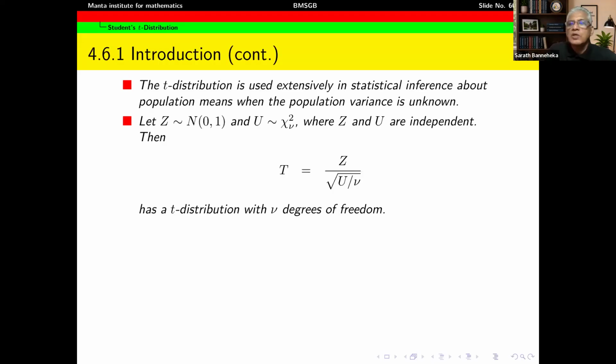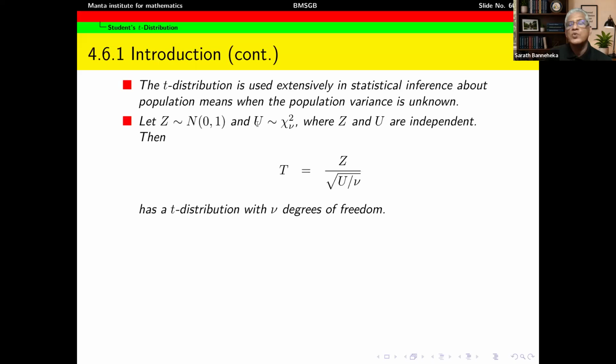Now let us see how this t distribution arises in general. Suppose you have a standard normal random variable Z and a chi-square random variable U, and suppose Z and U are independent. Suppose Z has a normal distribution with mean 0 and variance 1. So that's a standard normal distribution. And U has a chi-square distribution with, say, nu degrees of freedom.